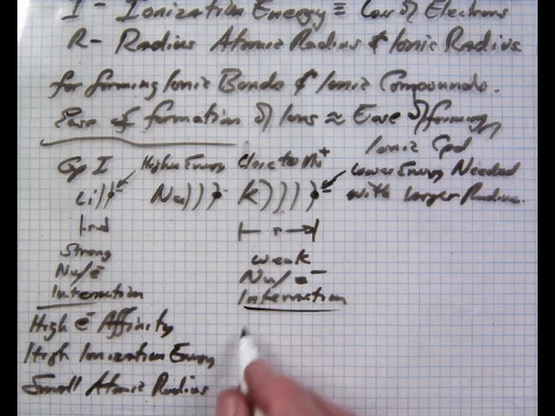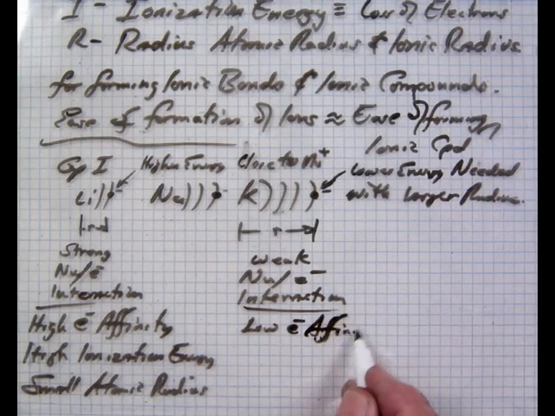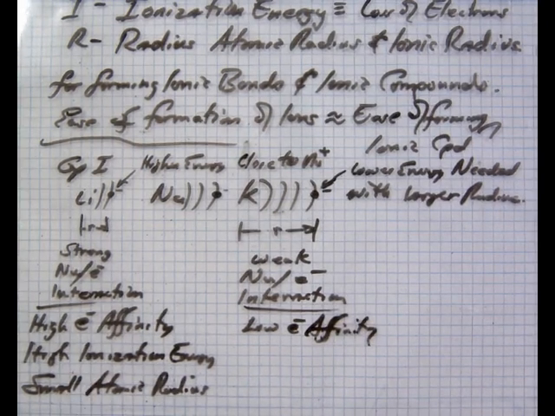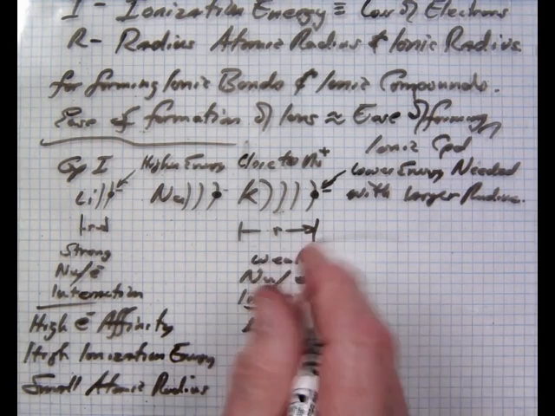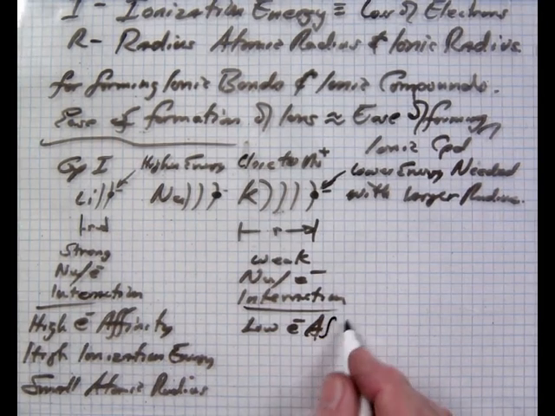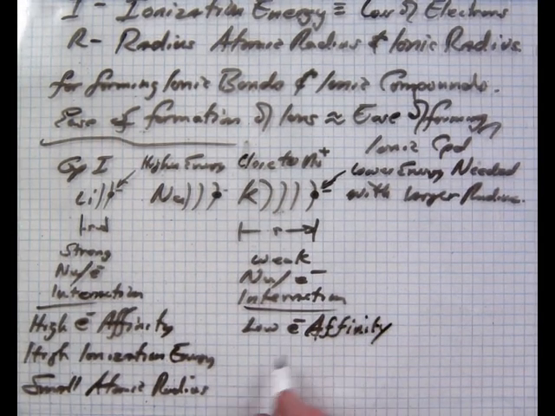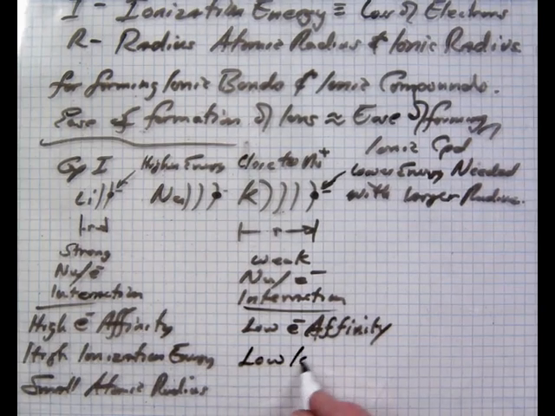On the other side of this, with the large radius, the nuclear interaction with the electron is a low electron affinity. And since it has a tendency to lose electrons, and it has a low electron affinity, there's a weak attraction. It would have a low ionization energy.